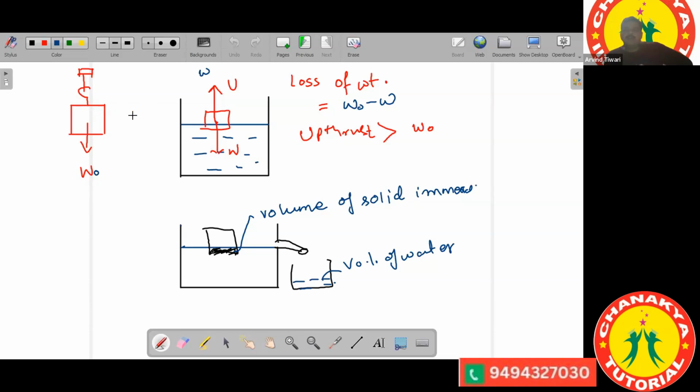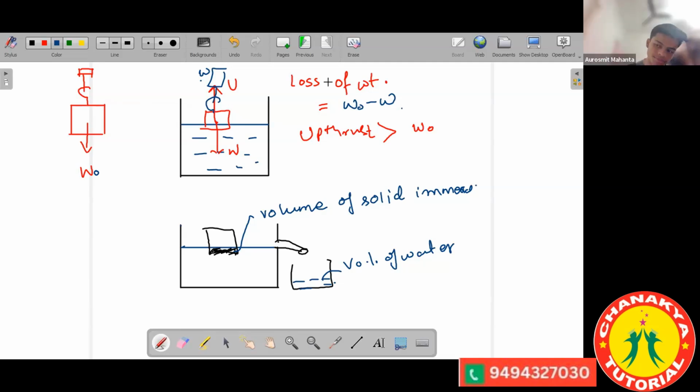The same block is now immersed in water. So when we immerse it in water, again we measure its weight by using the same spring balance. Now we find that its weight is not W naught, rather its weight is W. So there will be some loss of weight, and that loss of weight will be equal to W naught minus W. Is this clear this much?